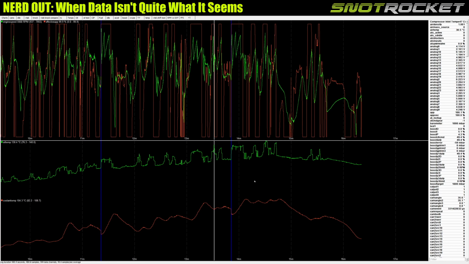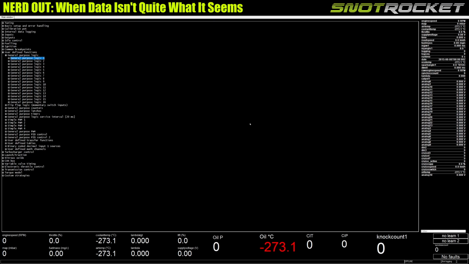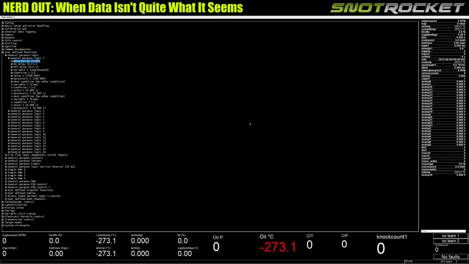Now, one of the things that this engine has is VTEC. And I will show you in the calibration how this works. So I've got a custom function, which, there we go. At 5,500 RPM, this function effectively turns VTEC on, and it turns it off when it drops below 200 RPM, below that value, so 5,300 RPM, it will then disable it.